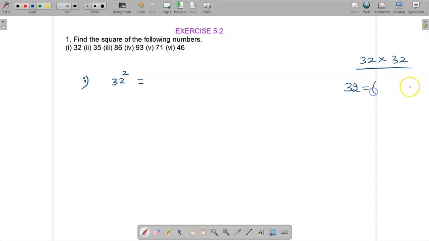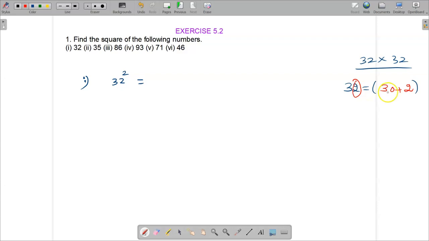Take your unit digit, the ones place number, alone. So take your 2 separately. What number do you have to add with 2 to get 32? It is 30. So 30 plus 2 is 32.